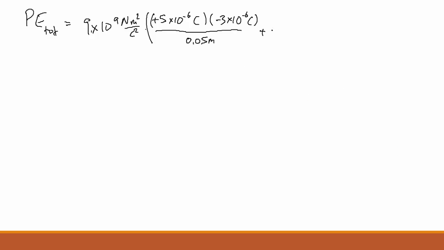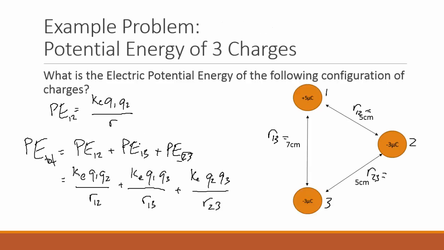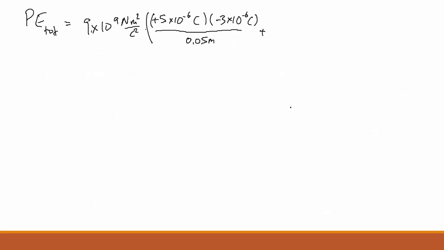My next term is going to be between 1 and 3. 1 is the 5 microcoulombs, 3 is the negative 3 again. The only difference is now I have 7 centimeters between them. So I have a similar term, plus 5 times 10 to the negative 6 coulombs multiplied by negative 3 times 10 to the negative 6 coulombs all over 0.07 meters, or in other words, 7 centimeters.